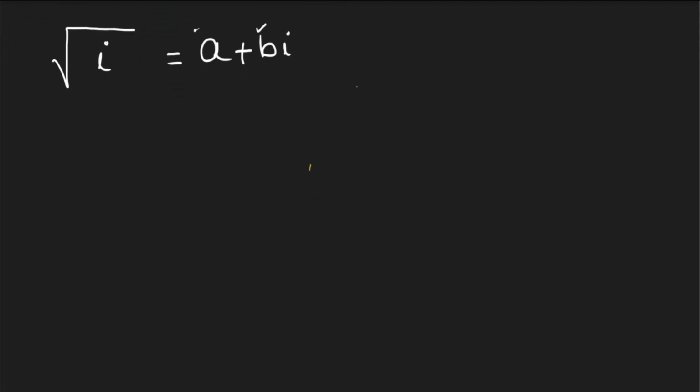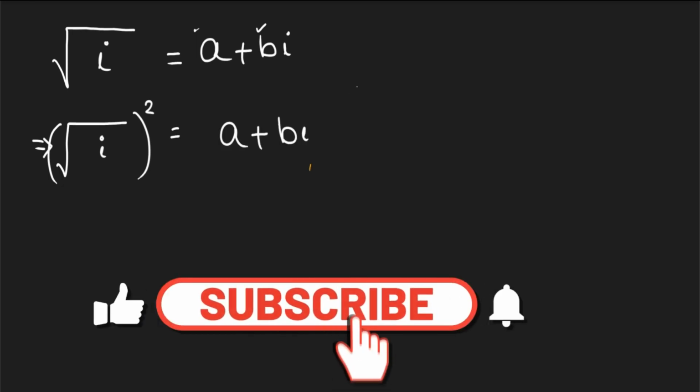Hence we can write this as square root of i whole square is equal to (a plus bi) whole square.